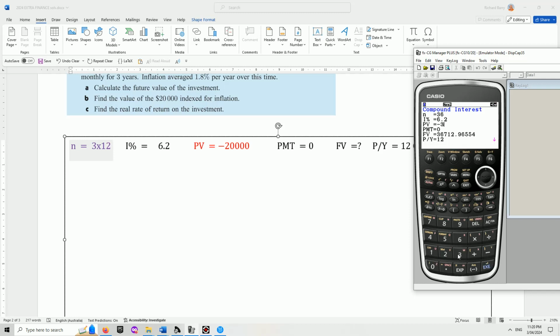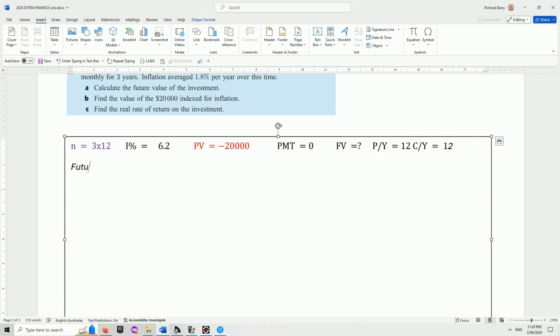Minus 20,000, so investing $20,000. We want to find the future value. P/Y is 12. We'll set PMT to 0. Copy the screen.